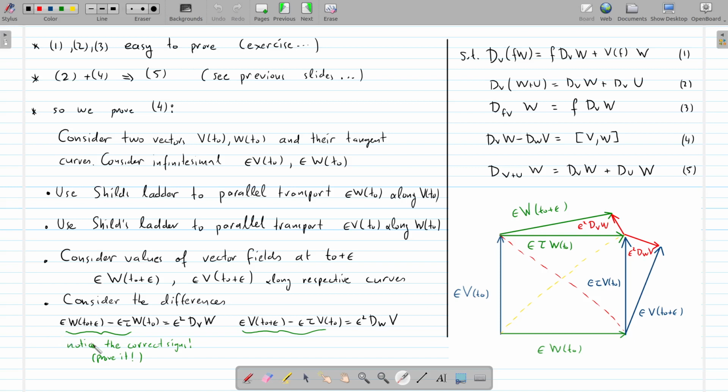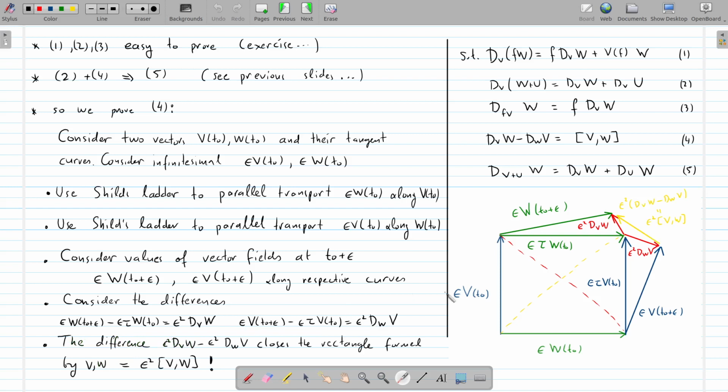Now, do this mental exercise and convince yourselves that this is the correct sign here. It's not so hard. If you consider the difference between those two points, this is nothing but the difference between those derivatives here. So that is epsilon squared times d_v w minus d_w v, this vector here.